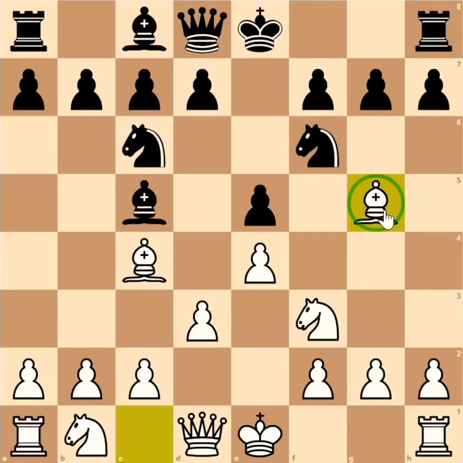And you can only do pins with rooks, bishops, or queens. You can't do them with knights or kings, because they don't really attack in such a way that you can attack behind them also.